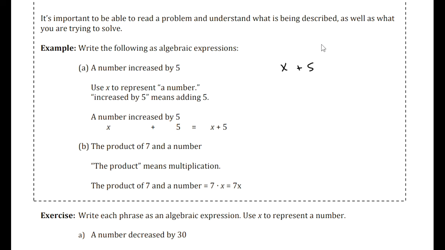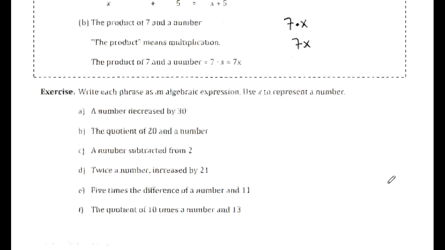In B, we have the product of 7 and a number. Again, that number is unknown, so we'll have 7 times a variable, 7 times x, which we can write as 7x. In C, we have a number decreased by 30.